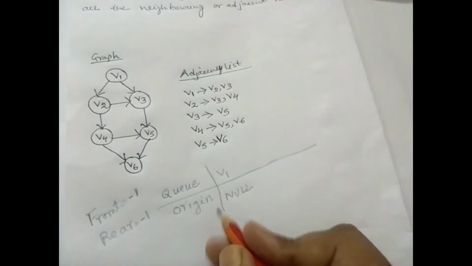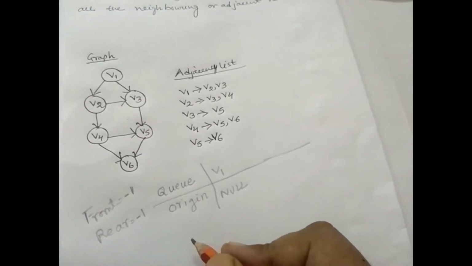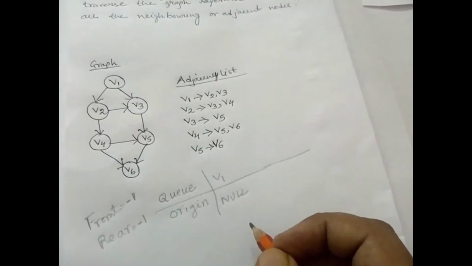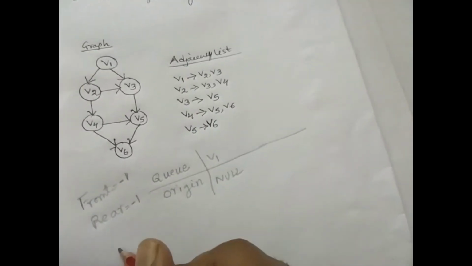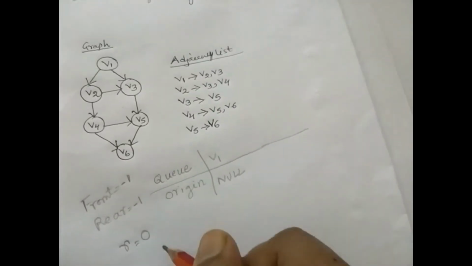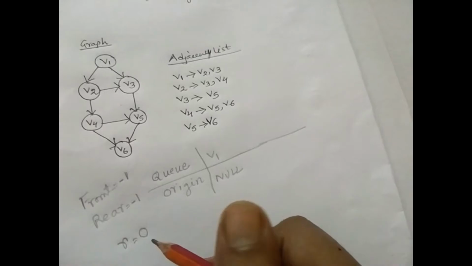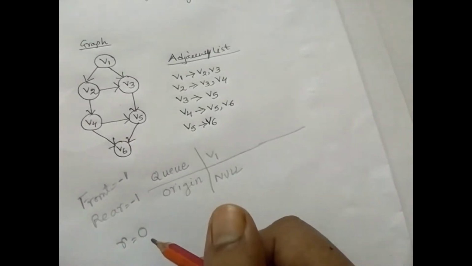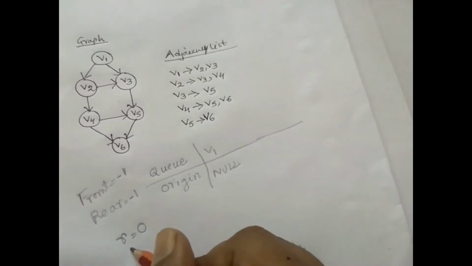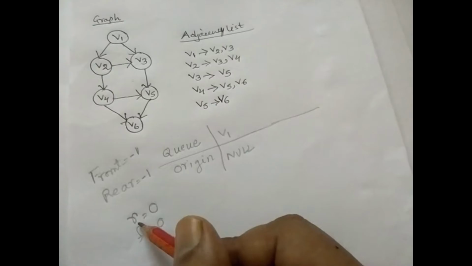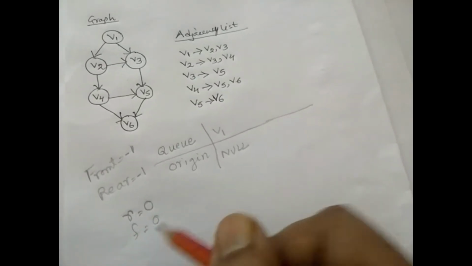Okay, and perform rear equal to rear plus 1, because we insert v1 to Q. Now rear becomes 0. And we already knew that in case of first insertion, set front equal to 0, so front is also 0. Rear is represented by R and front is represented by F.